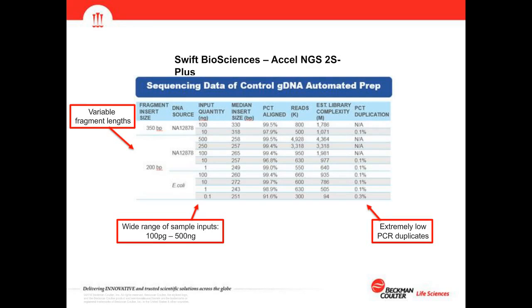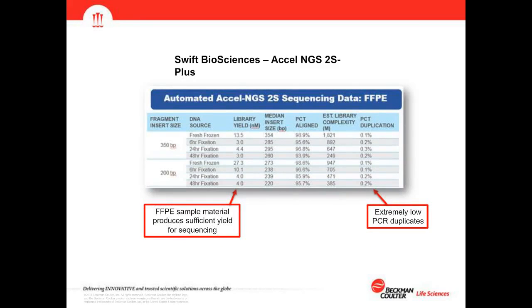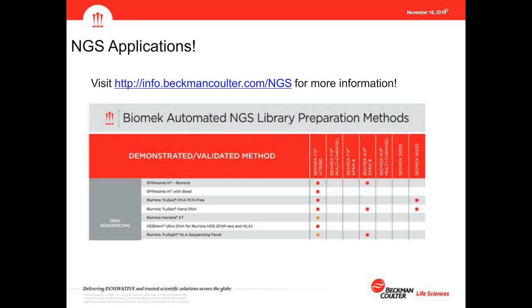We have a wide range of sample inputs from 100 picogram to 500 nanogram. We have an extremely low PCR duplicate rate and a very good coverage of the sequence. And this is for FFPE samples, and you can basically see the same thing, that the FFPE sample material does produce sufficient yield for sequencing, and again gives extremely low PCR duplicates.